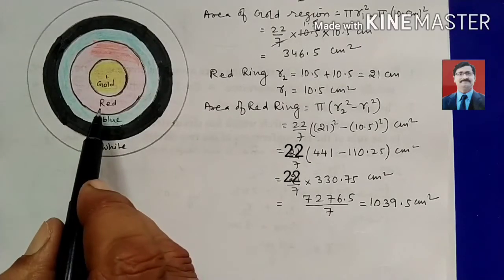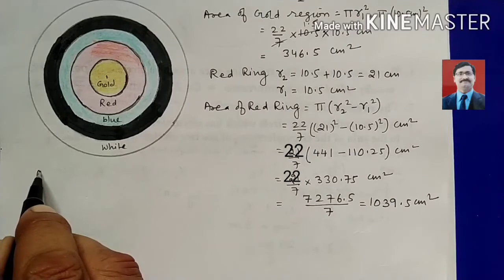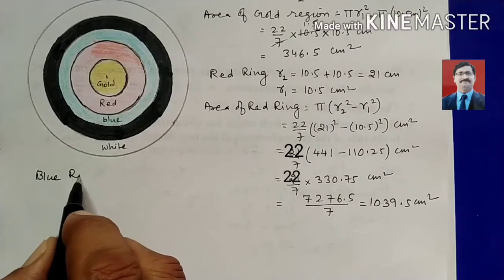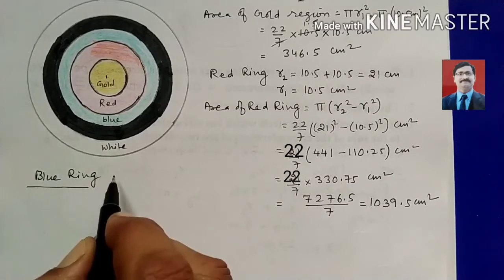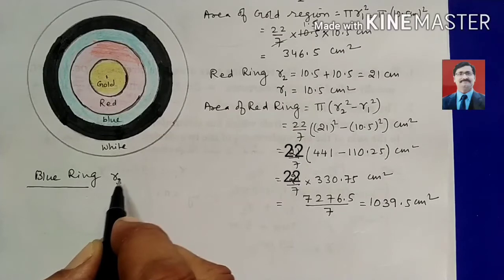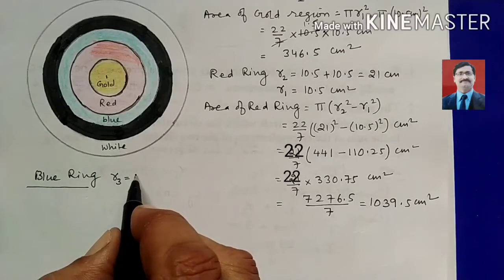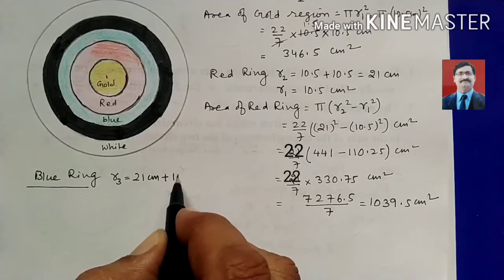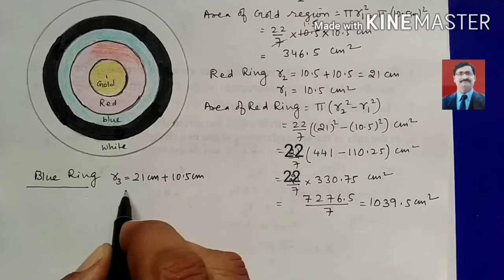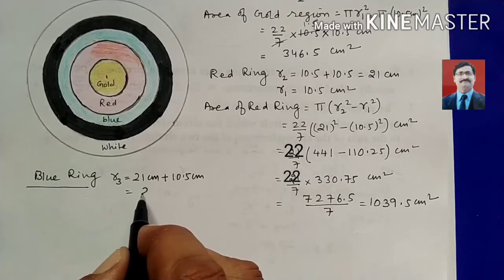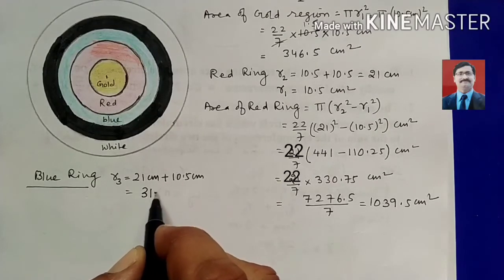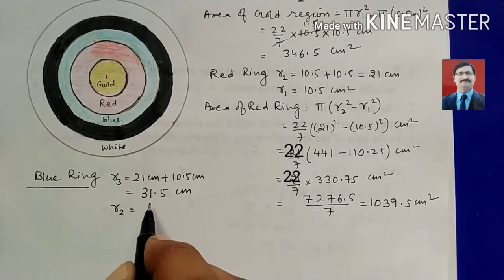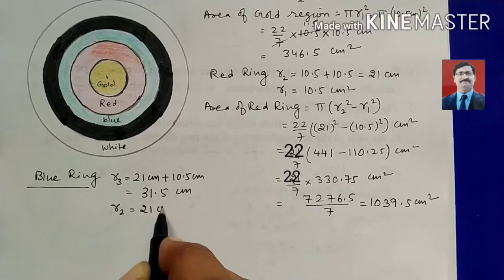In the same way, we have to find the area of the blue ring. For the blue ring, the outer radius is R3. To the outer radius of the red ring, which is 21 centimeter, we add 10.5, the width, so we get 31.5 centimeter, and the inner radius is R2, and R2 we know already is 21 centimeter.